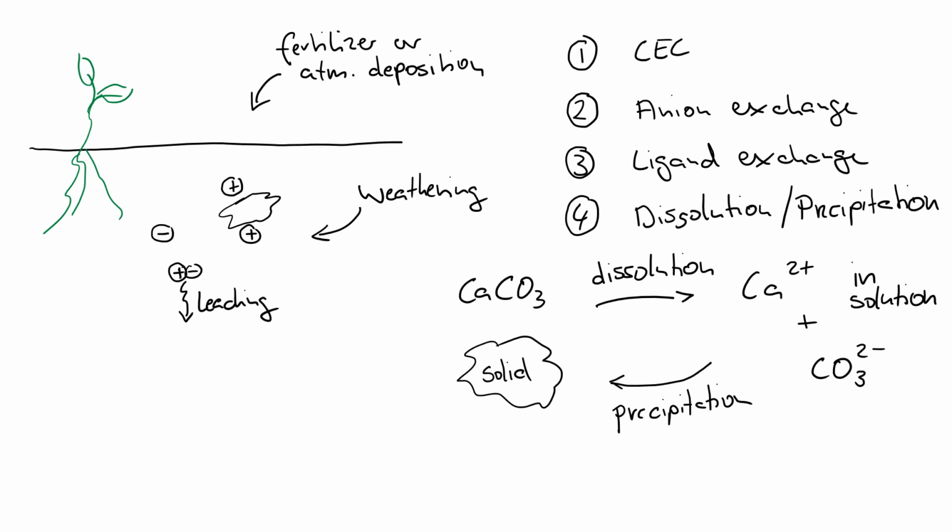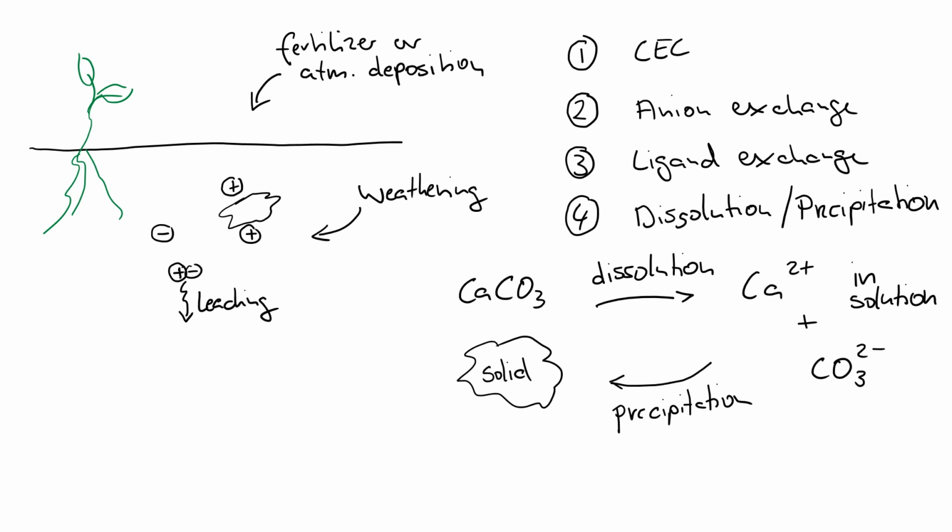Now this is going to depend on the concentration in the solution, and there are sort of equilibria reactions that determine how much is going to be in dissolution and how much is going to be precipitated out. And for the example of our calcium carbonate, this is also going to depend on the pH of the soil solution.